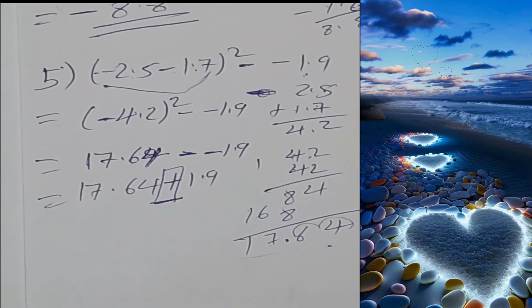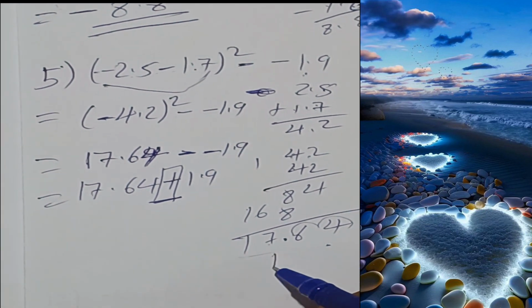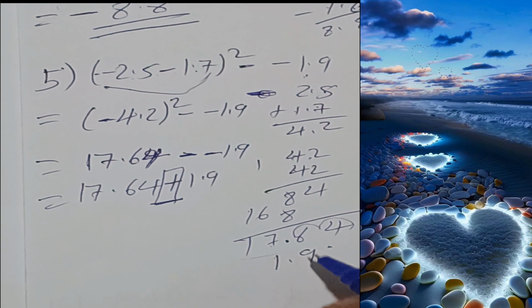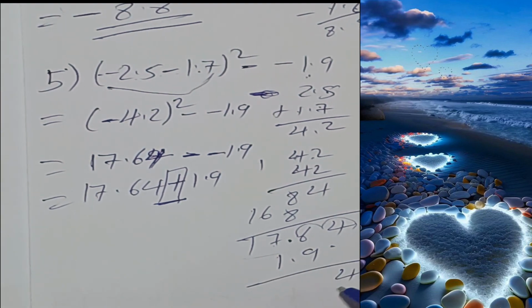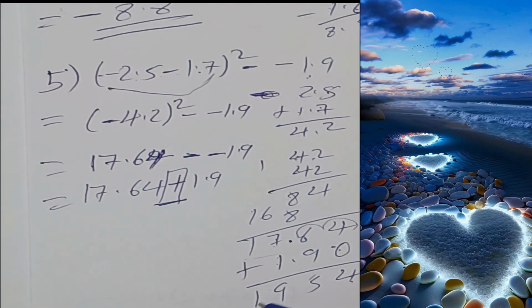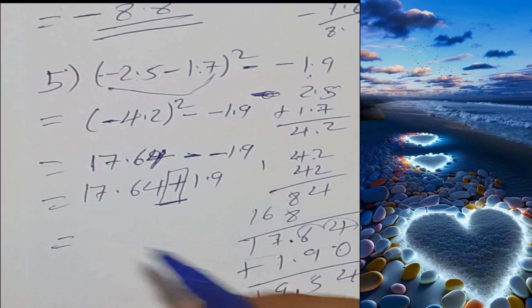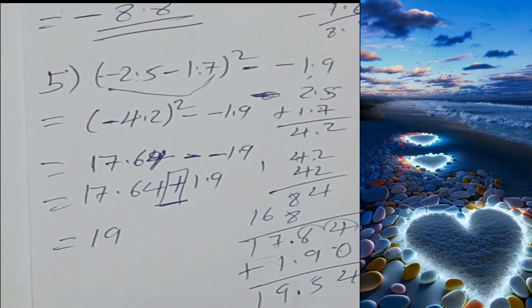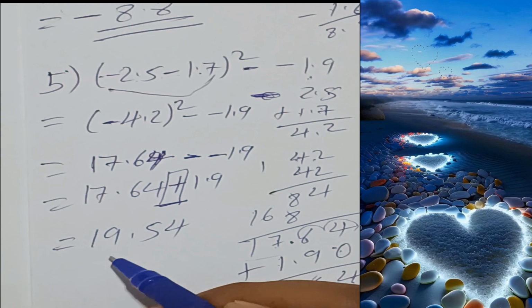So I will add 1.9 to 17.64. So it becomes 4 plus 0, 4, 6 plus 9, 15, and I have 1. 1 plus 1, 2, 2 plus 7, 9, and 1. So it will be 19.54. The answer will be 19.54. Great.